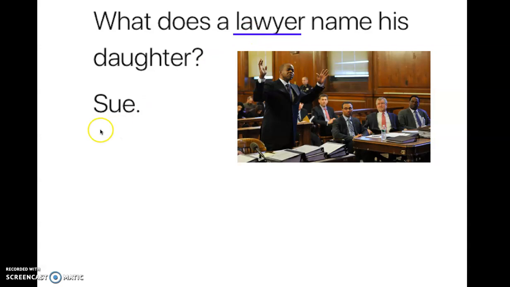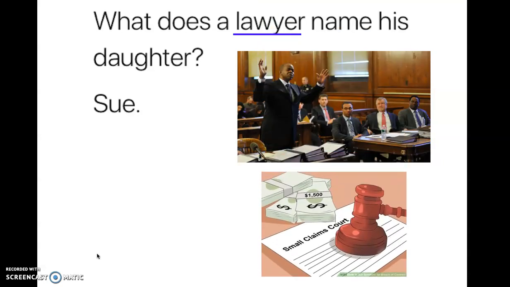The connection then between the answer and the key word and what the question is meaning is usually about something in the relationship between the word and the answer. For example, one of the things that a lawyer might do is to help you sue someone. Okay? S-U-E, just like this.